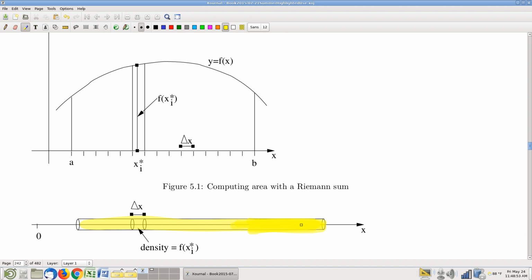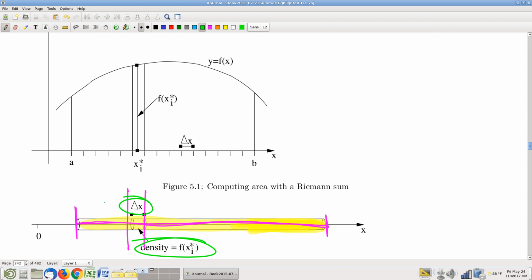Well, we're going to take this interval representing this rod and chop it up into little pieces of width delta x. On each little piece, the amount of mass inside is density times length.